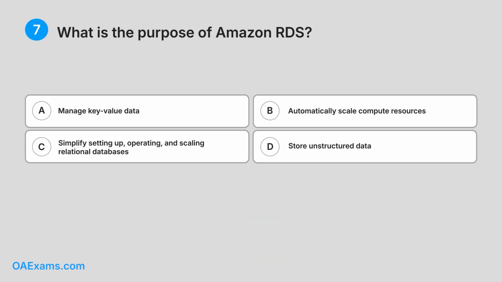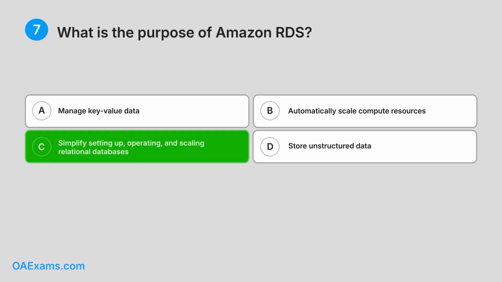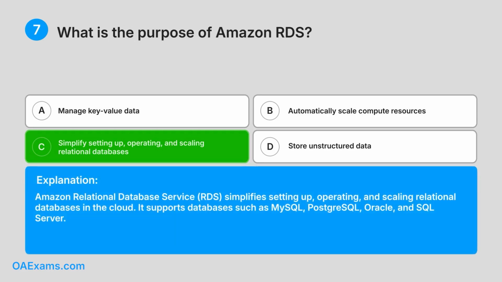Correct answer: C. Explanation: Amazon Relational Database Service, RDS, simplifies setting up, operating and scaling relational databases in the cloud. It supports databases such as MySQL, PostgreSQL, Oracle, and SQL Server.